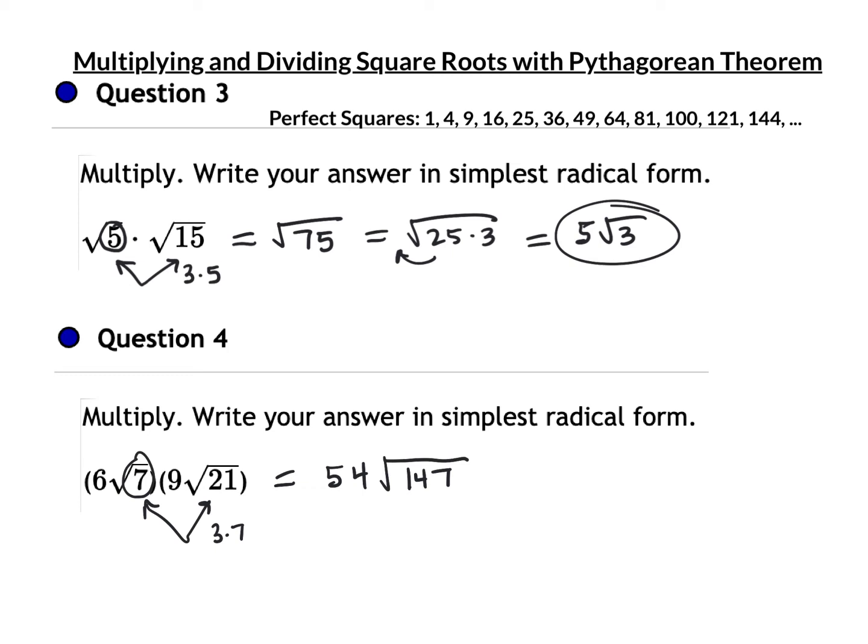Those two 7s are going to make a perfect square of 49. This is 54 root, and 49 times 3 is 147. I can take the square root of 49. It goes out front as a 7. There's multiplication right there. 7 times 54 is 378. So my answer is 378 root 3.